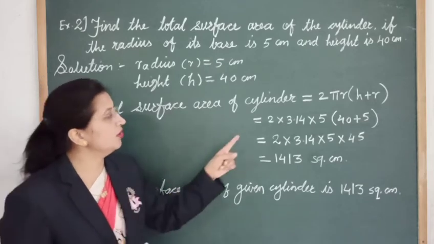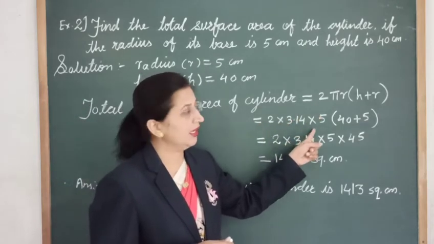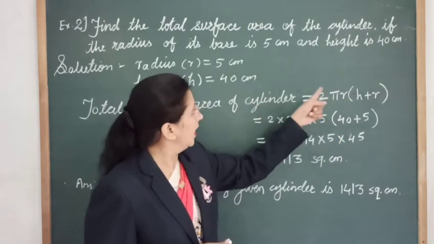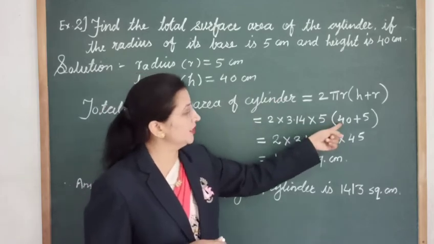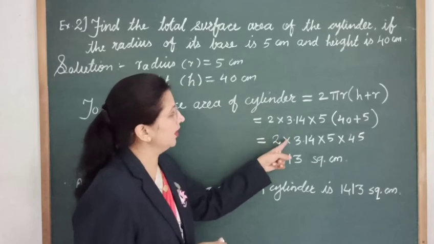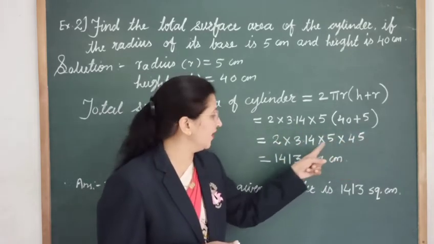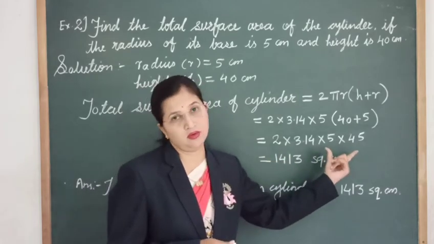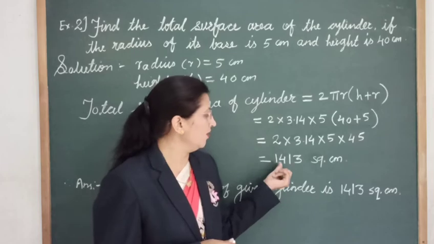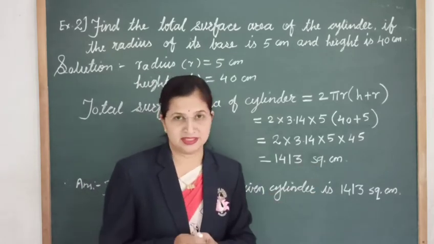Now let's put the values: 2 into the value of pi 3.14 into radius 5 into bracket, the value of h is 40 plus radius 5. Now let's solve this. 2 into 3.14 multiplied by 5, into 40 plus 5, that is 45. If we take the product of these numbers, we will get the answer 1413 square centimeter.